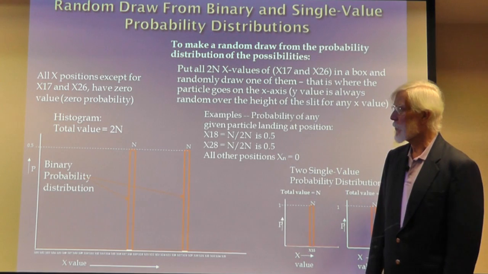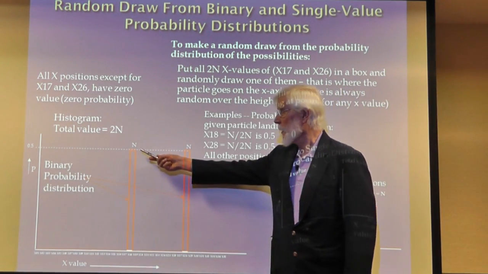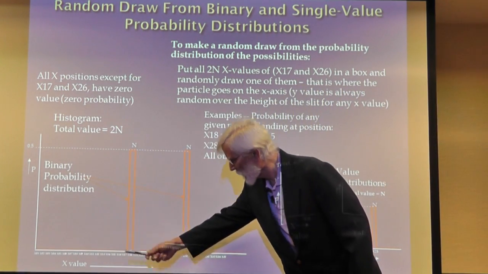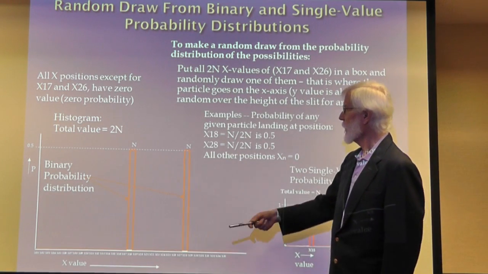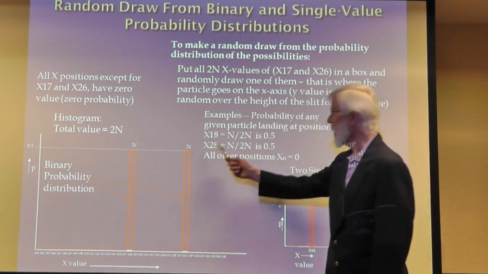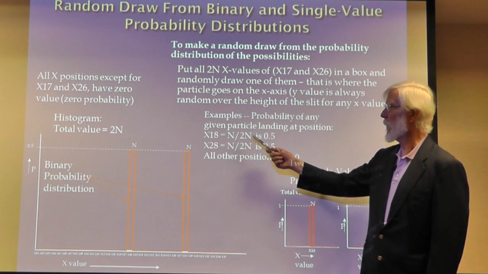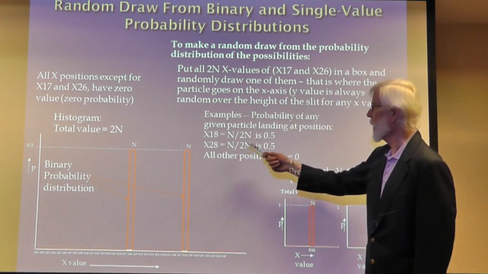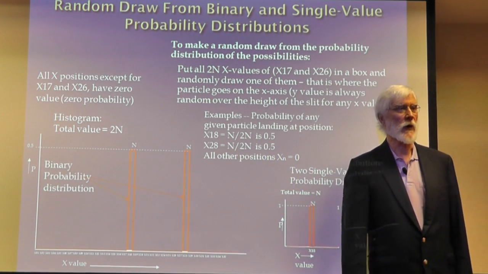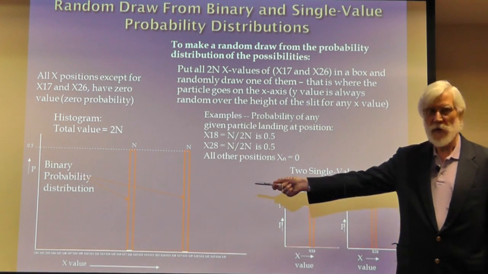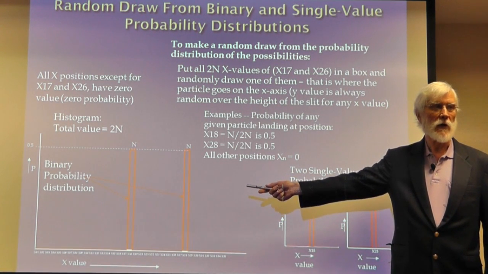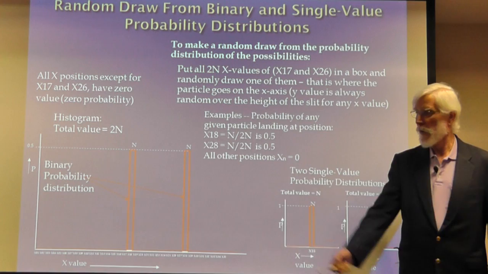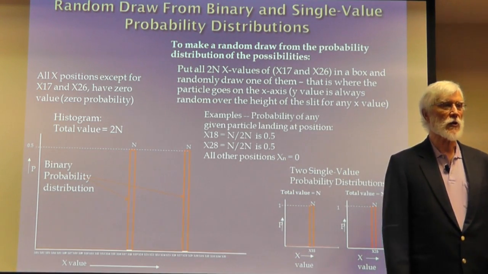So what would you do here if you had n of these at x1 and n at x2, and you divide by the total, which is 2n, then every probability is 0.5, right? So out of this distribution, a random draw has an equal chance of being at either X position.